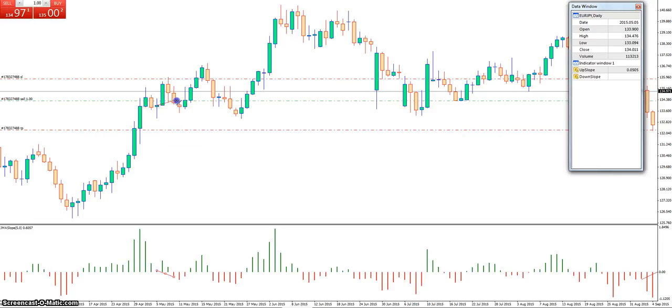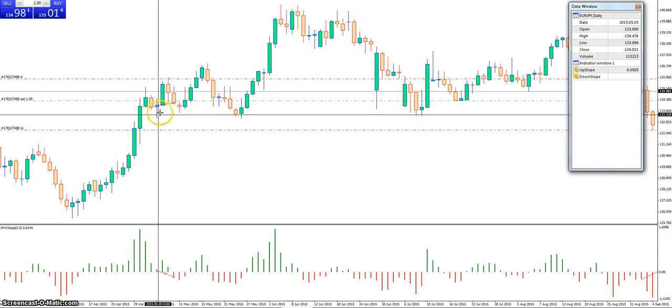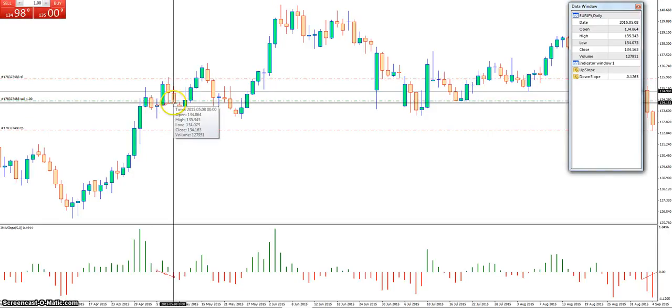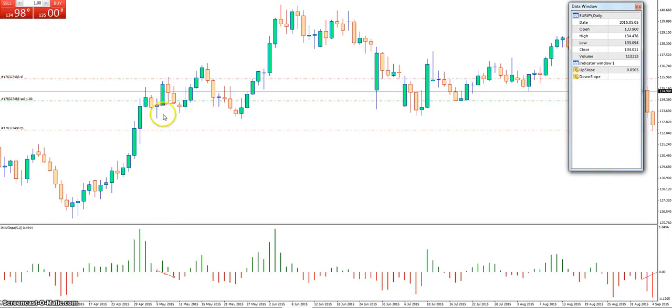I think this was the bar and this was the bar. Yeah, these two were the bars, this one and this one. So now, a classic example of negative divergence. We can see here that price is moving upwards, at least closed upwards, and the indicator is pointing downwards.